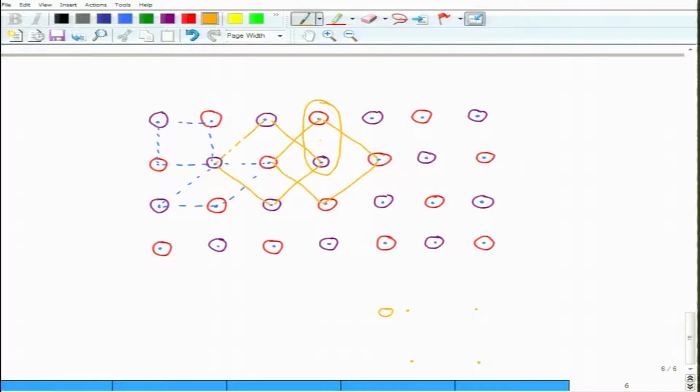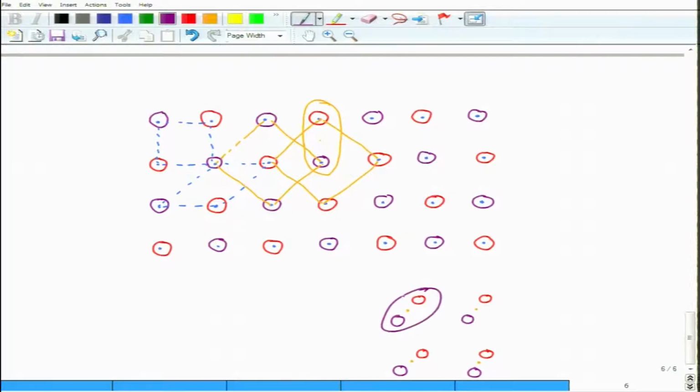So, what it will look like is basically you have a dumbbell shaped sort of representation. One was red. So, let us say this is my red atom and this is my purple atom somewhere here.